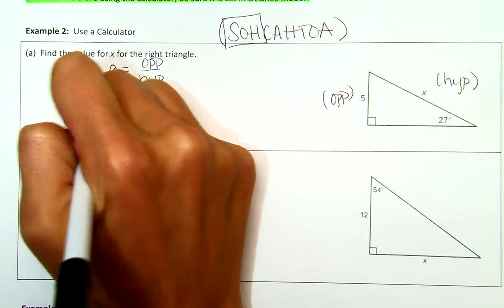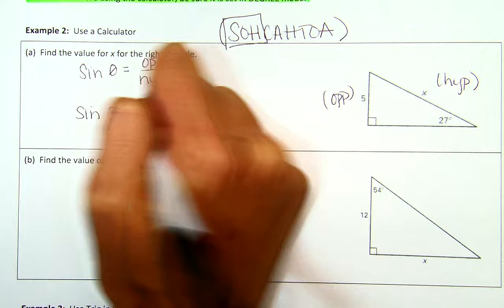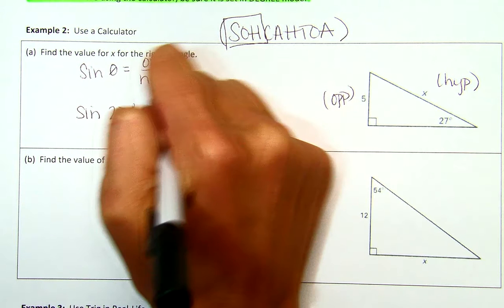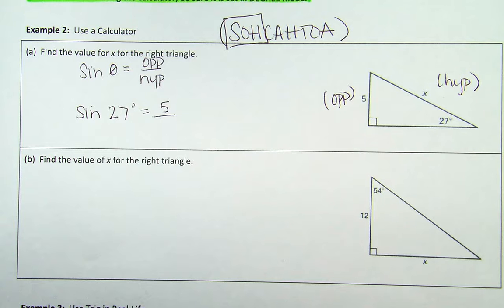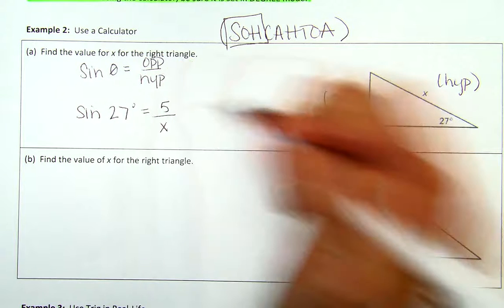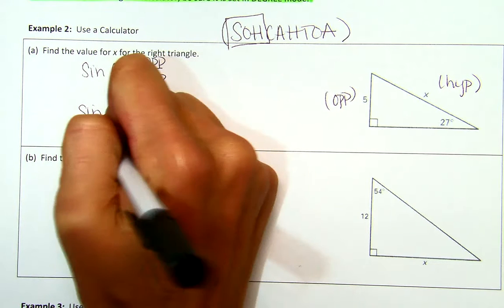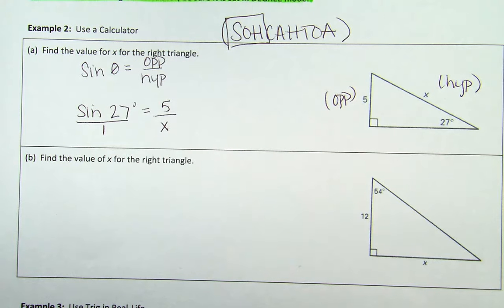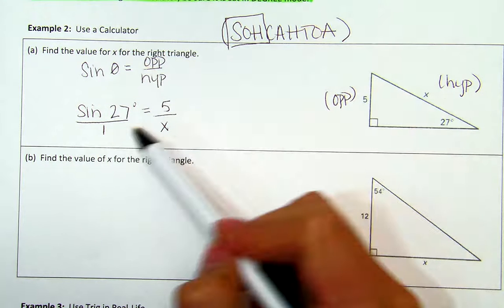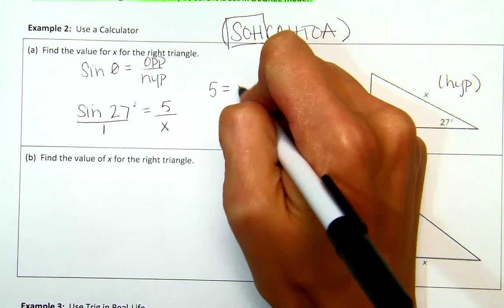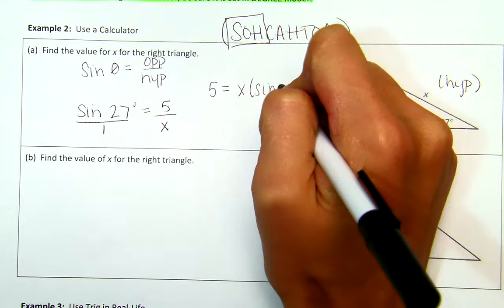So sine of 27 degrees is equal to my opposite side length, which in this case is 5, all over my hypotenuse, which in this case is x. Just like I did in example 1, I'm going to stack both sides as fractions, and I'm going to cross multiply. Now in this case, 1 times 5 gives me 5 is equal to x times sine of 27.